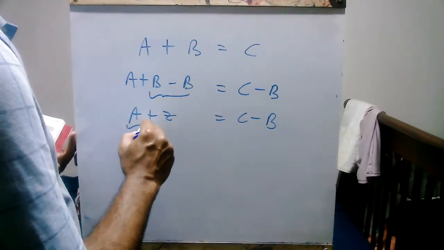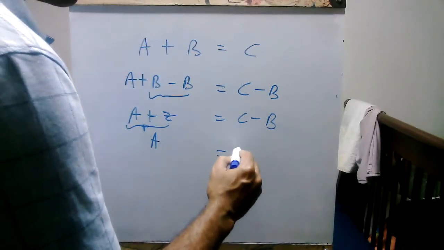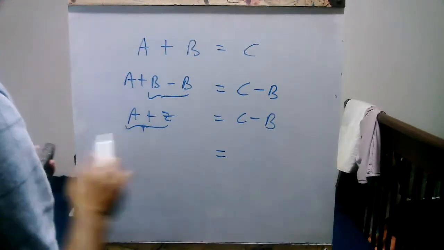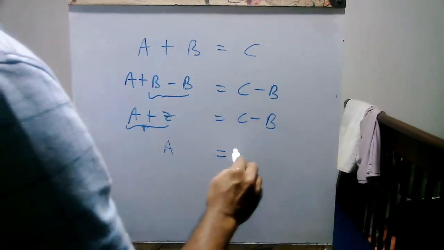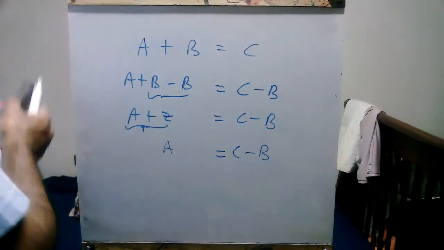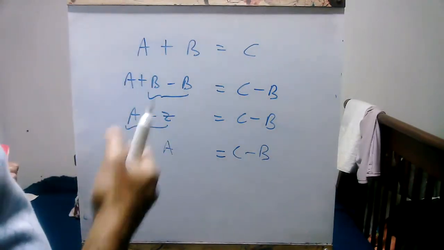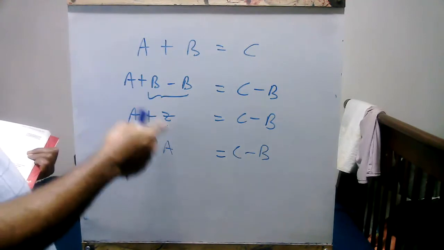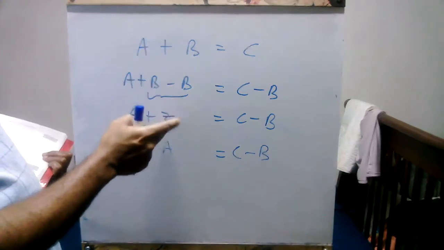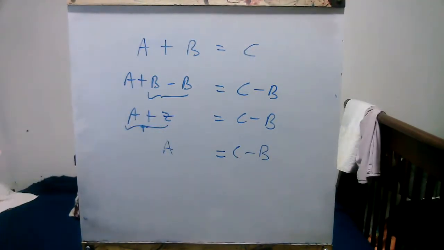Then A equals C minus B. It is just like adding and subtracting regular numbers. When you add 0 to any number, it gives us the same number. Here if you add the 0 matrix to any matrix, we get the same matrix.